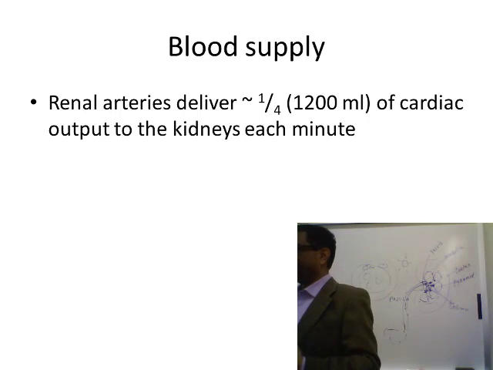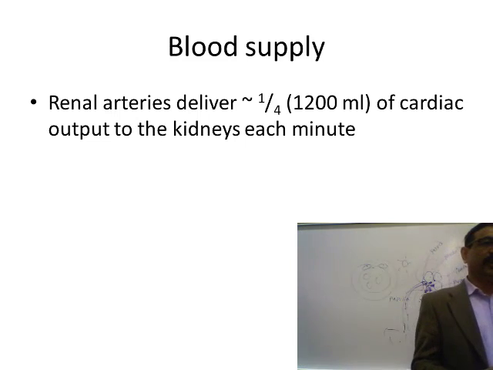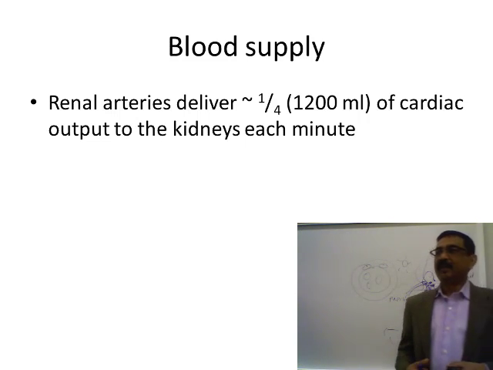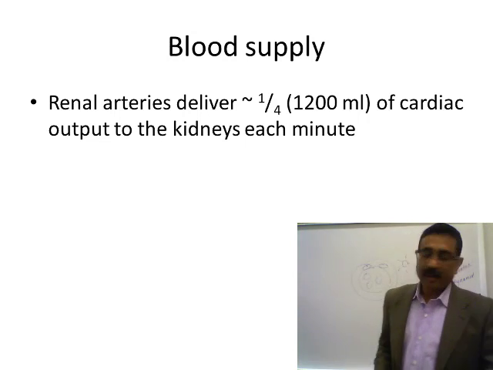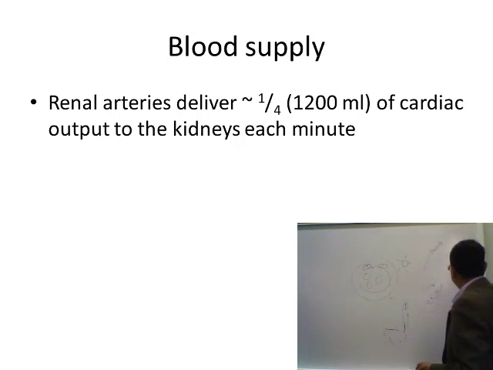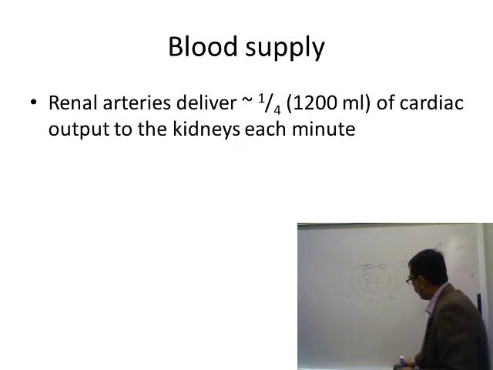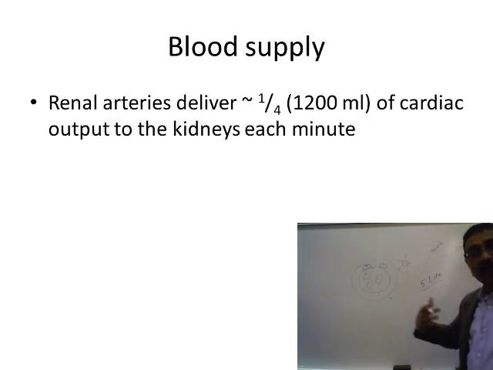About 1/4 of your total blood circulation of the body goes to your kidneys. You know, in each minute, how much blood circulates in your body? In each minute, about 5 liters of blood circulates in your body.